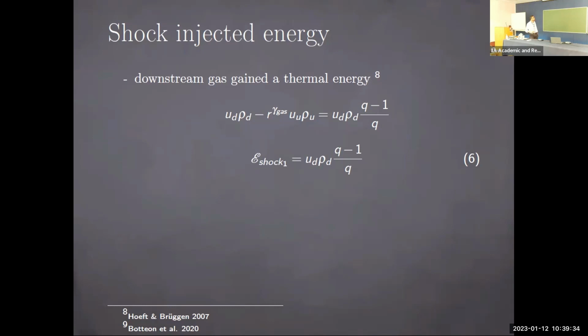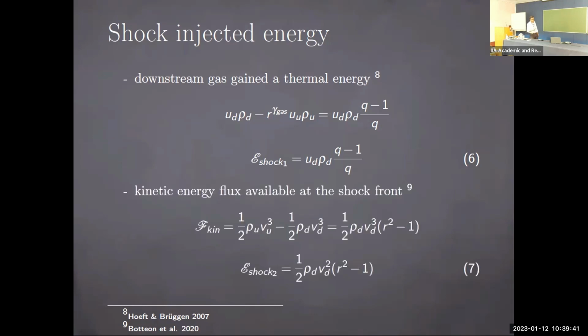One more possibility to compute this shock injection energy is by getting the kinetic energy flux at the upstream and at the downstream. It will give you what amount of kinetic energy flux is available at the shock front for the acceleration as well as for the heating effect.